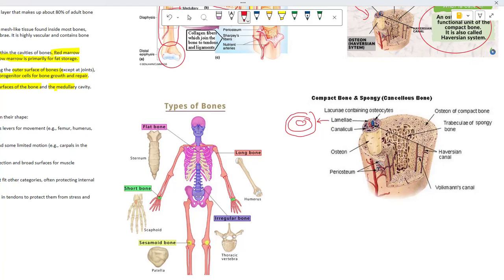And within the lamellae are some spaces known as the canaliculi. Now, the canaliculi is the space where you find the bone-forming cells, the osteocytes and osteoblasts. They will be found in the canaliculi.